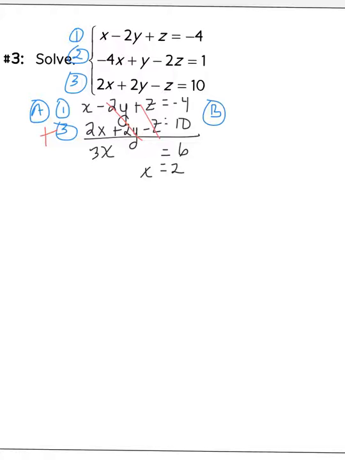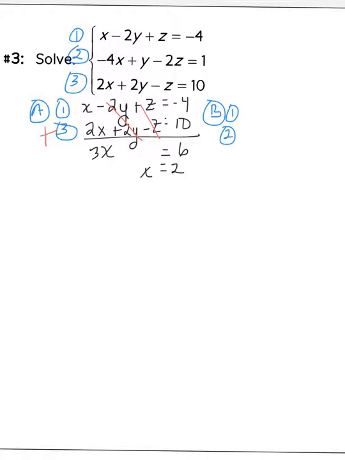I've got a 2 in for my x. Let's put in what equations I'm using so you can see that. I'm going to use equation 1 and 2, and I'm plugging in my x value of 2 into equation 1 and 2 at the same time. I just want to see what I have first.